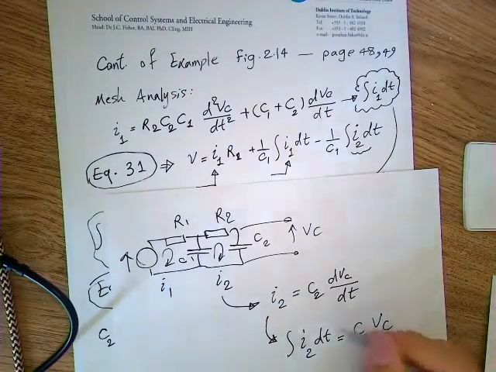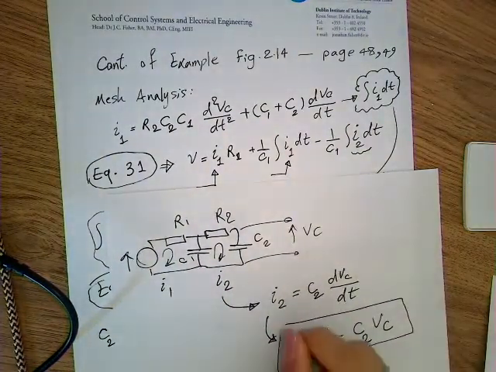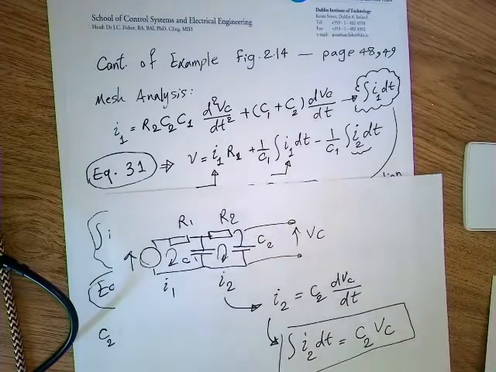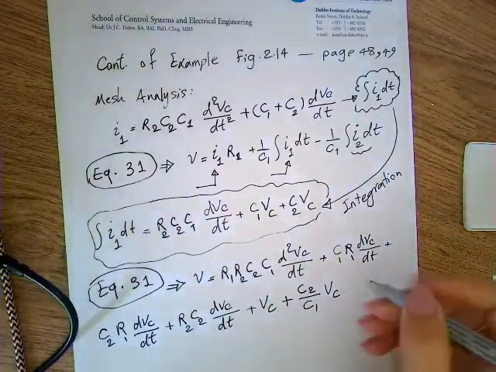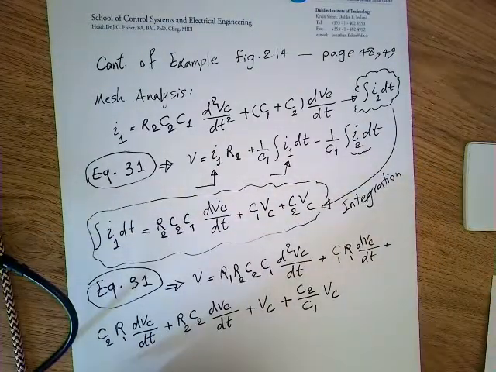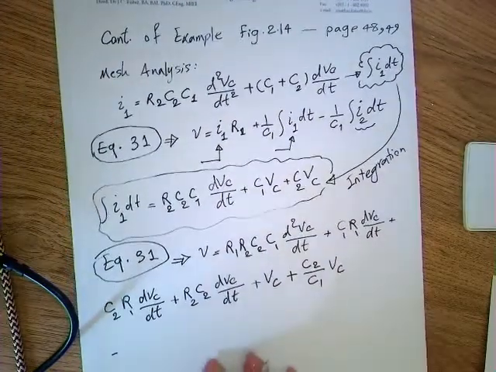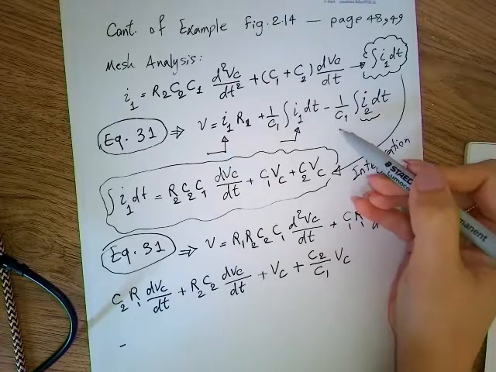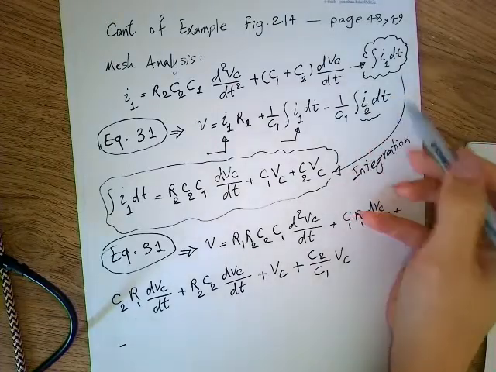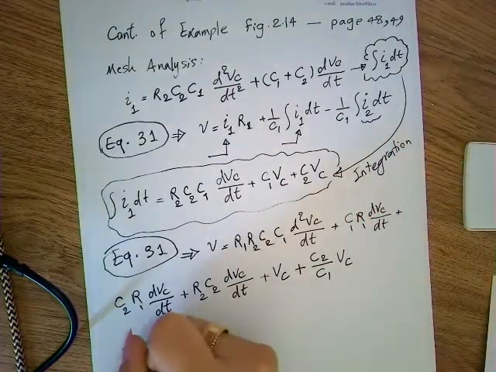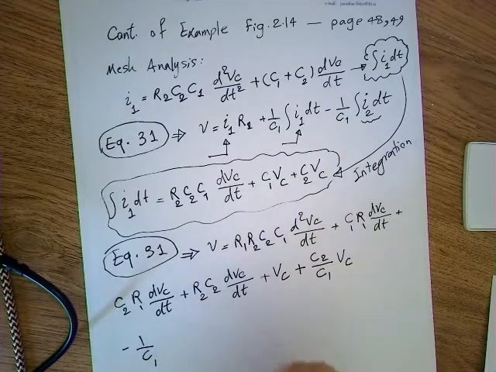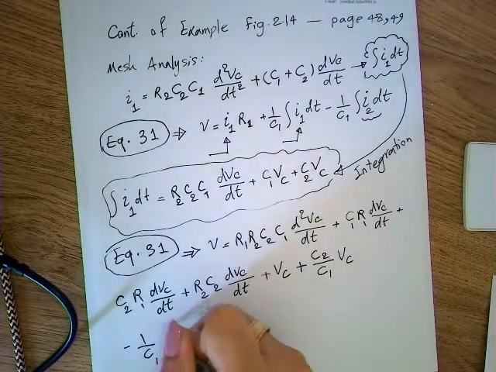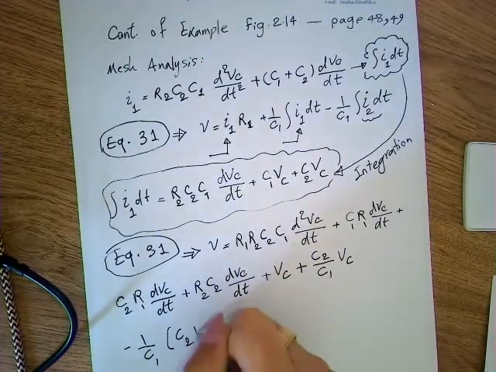Now I'm going to substitute that for my integration of I2. So I have a minus, that minus is coming from here, and then I will have this one here. So I have 1 over C1 multiplied in my C2 Vc.